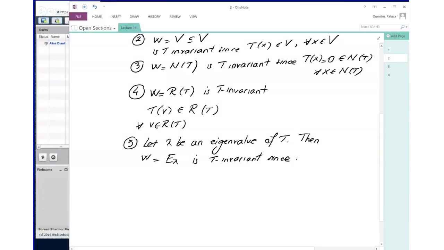So let's see. What happens if I apply T to a vector V in E lambda? What do I get? E lambda was the eigenspace, right? That is the null space of T minus lambda identity.